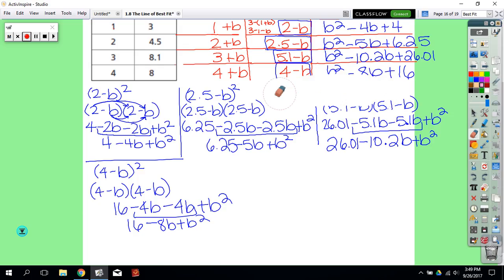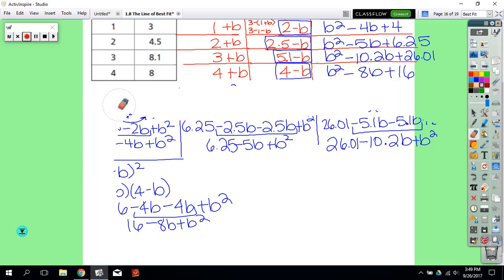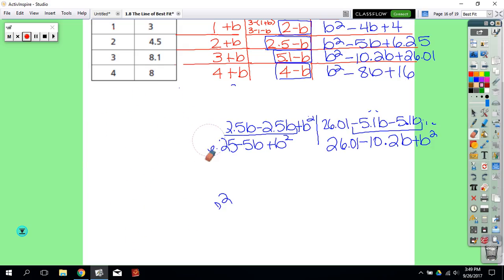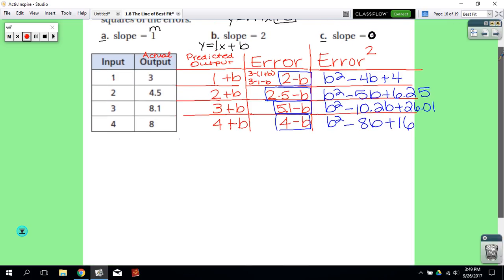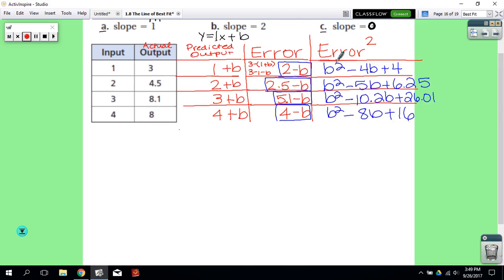All right, so now I'm going to take all this stuff off. Not the stuff that we need. I'm going to scroll back up again. So what we need to do now is add all of these together. So add all of our b squareds together, add all of our b's together, and add all of our constants together.